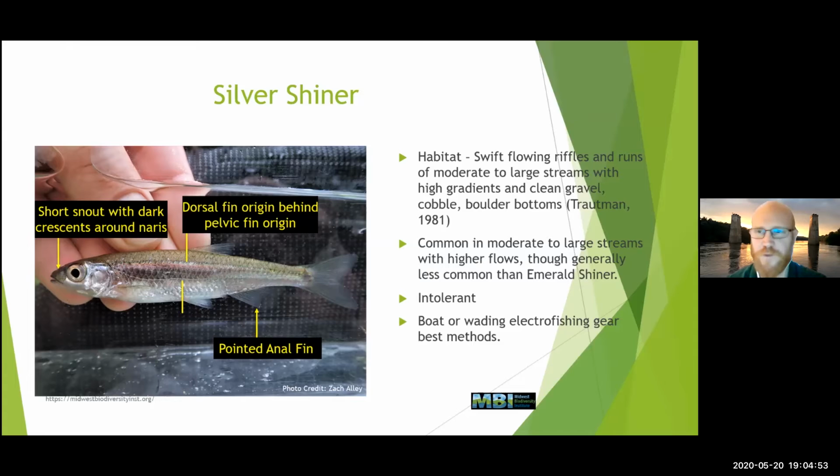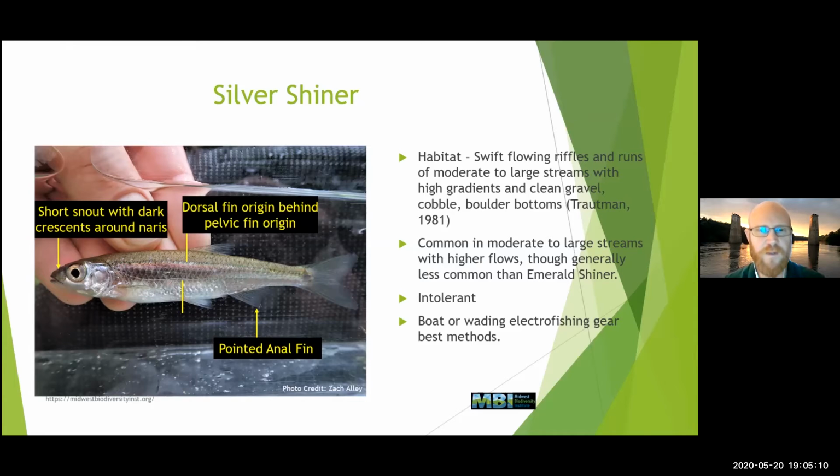That's the first thing I look at for this fish. These guys generally get larger than the other two. Emeralds can get really big, but if you're in a stream where you got good flow, it's a larger arrow-shaped fish, you probably got a silver shiner.